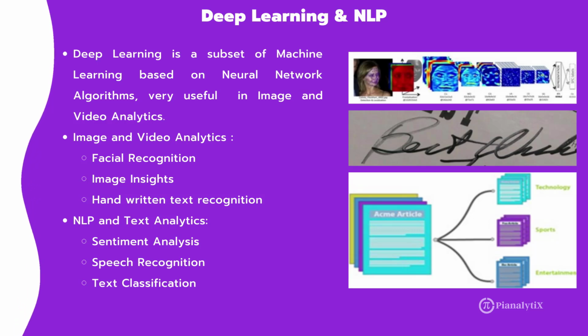Text classification. If you see the last image, let's pick the news industry example. In the news industry, a huge number of articles come daily. You need to classify those articles into different sections like politics, sports, international news, news related to some particular state, news related to IPL, cricket, football, markets.